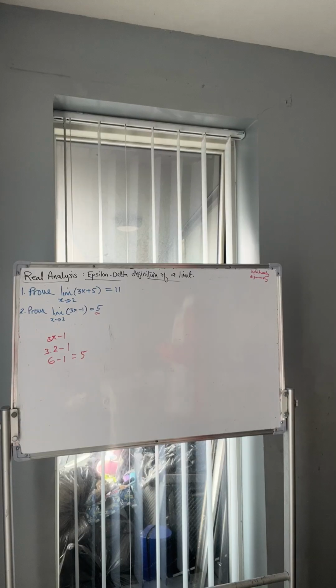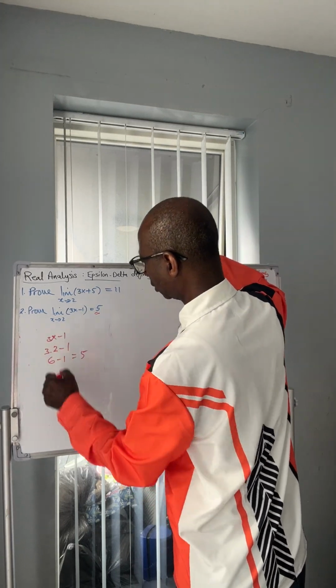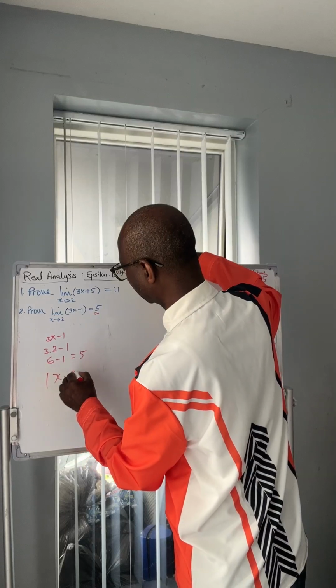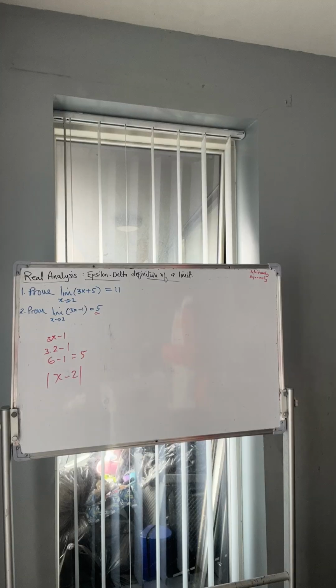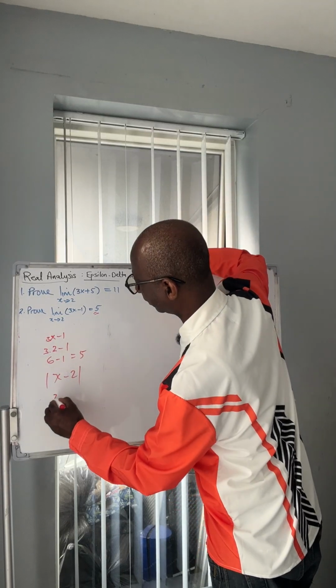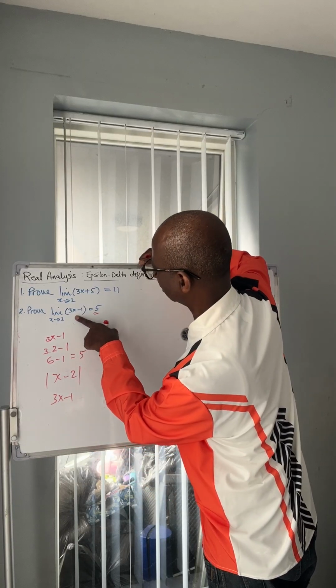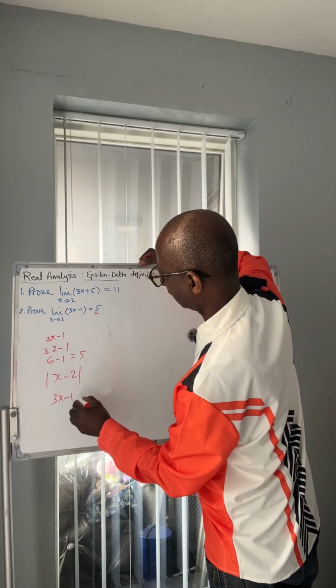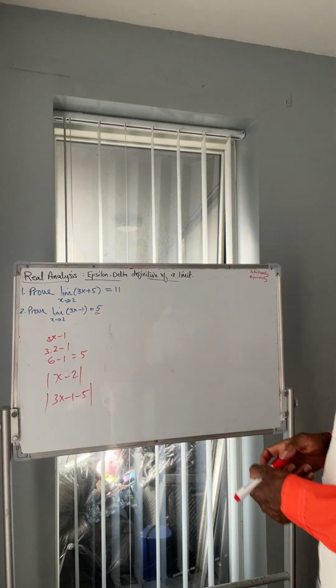But if you want to do it rigorously, it's telling us that no matter how small, by making the absolute value of x minus 2 small enough, we can make the absolute value of 3x minus 1 minus 5 also small.